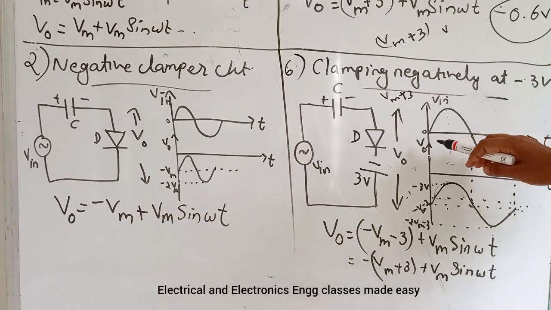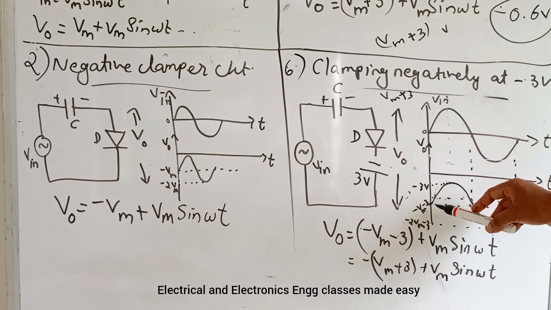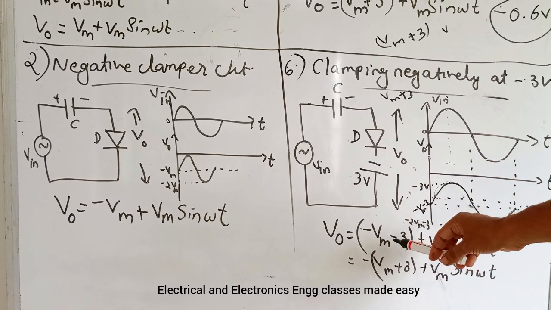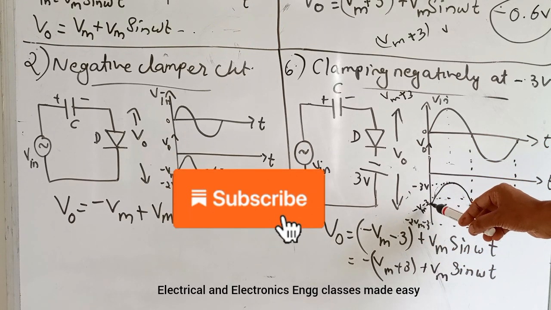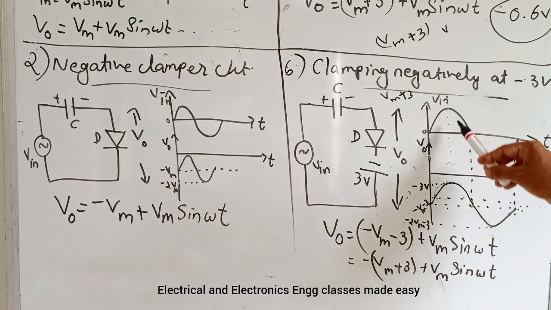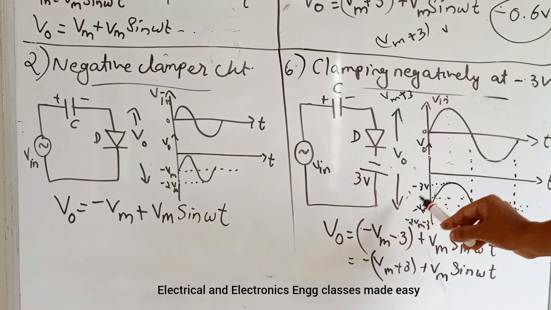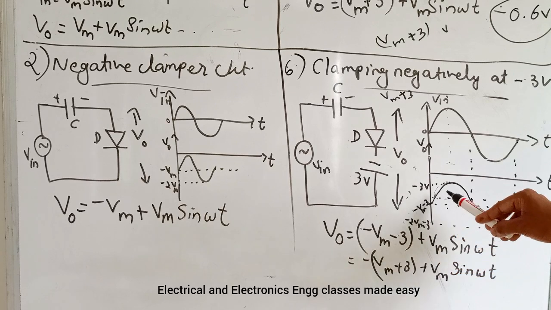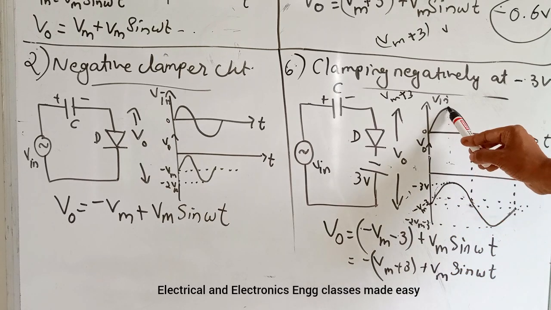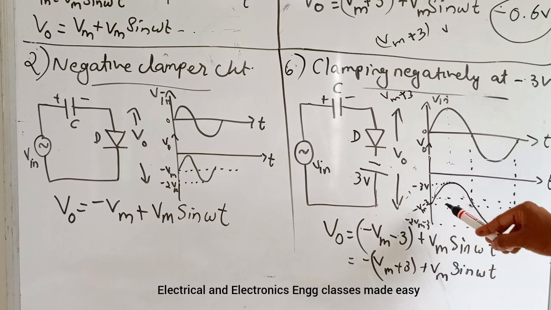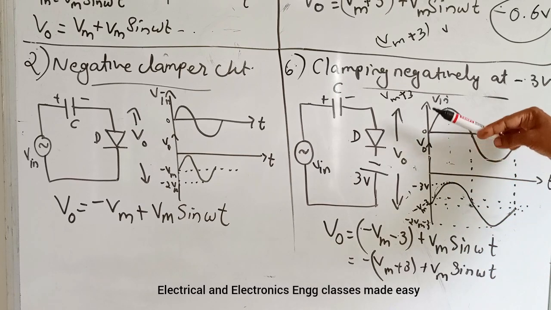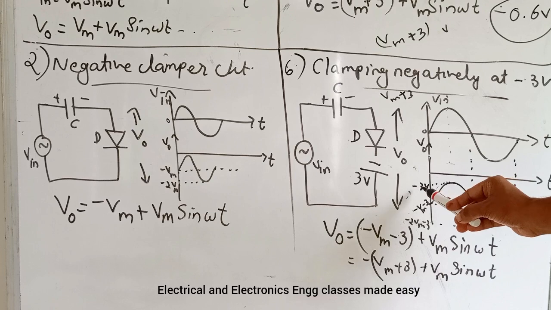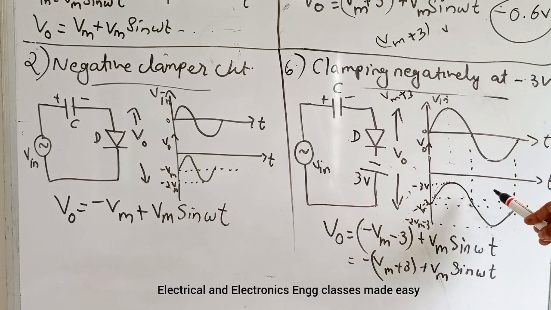And in the case of waveform, if Vin is 0 volt, then it will be minus Vm minus 3, and if Vin is Vm, then it will be minus 3 volt, that is minus Vm plus Vm, then minus 3. So it will be minus 3 at the positive maximum value. So the waveform is shifted downwards by a voltage of minus 3 volt.